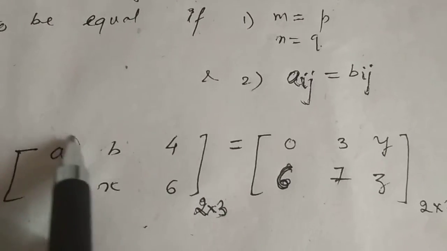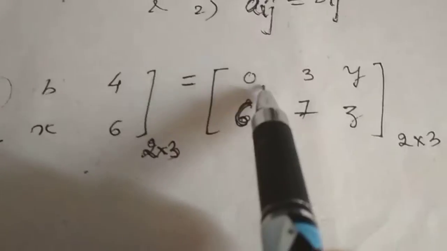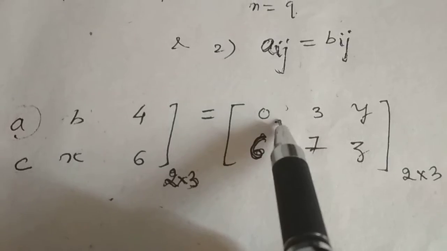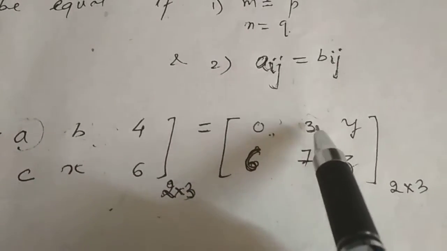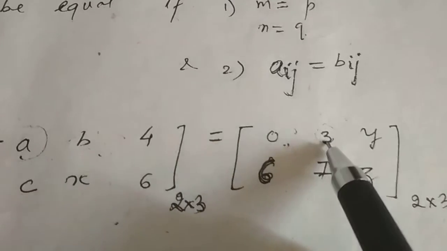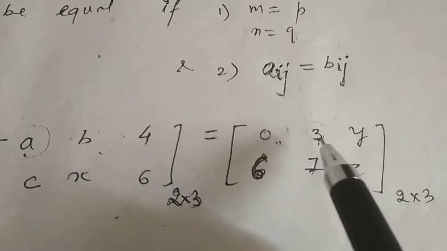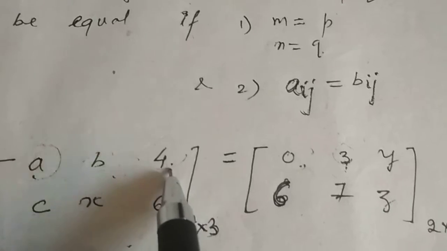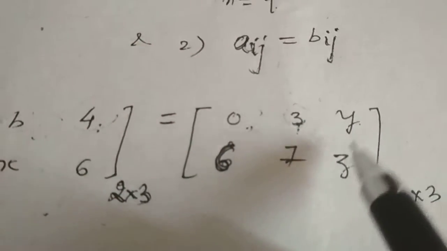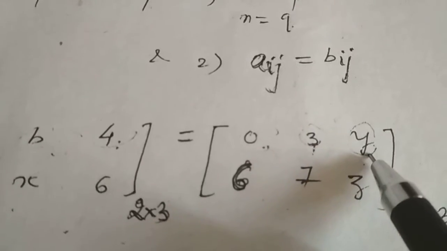The first element A should be equal to the first element of this matrix. The second element B of the first matrix should be equal to the first row second column element of the second matrix. The first row third column element, which is 4 in the first matrix, should be equal to the first row third column element, that is Y.